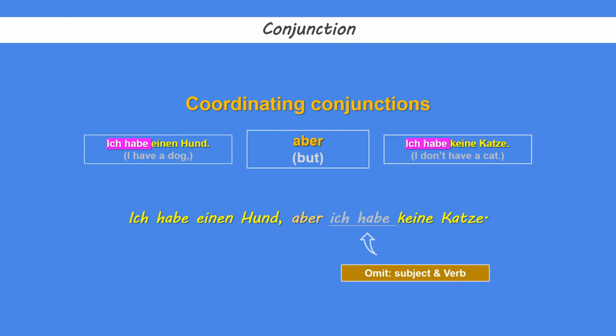Since the subject and the verb of both sentences are the same, we can omit them in the second clause. We just say, Ich habe einen Hund, aber keine Katze.